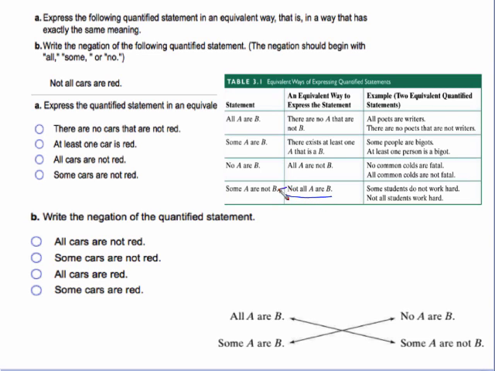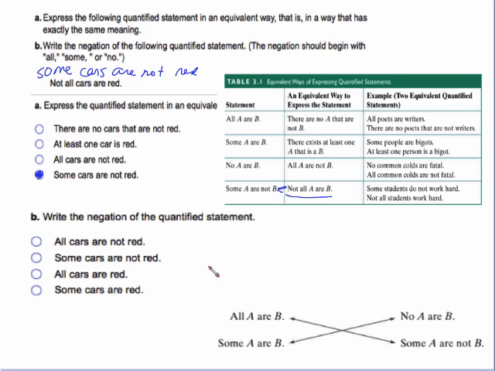Its equivalent is over here. So the equivalent to not all A are B is some A are not B. So some A, which is cars, are not red. Some cars are not red.